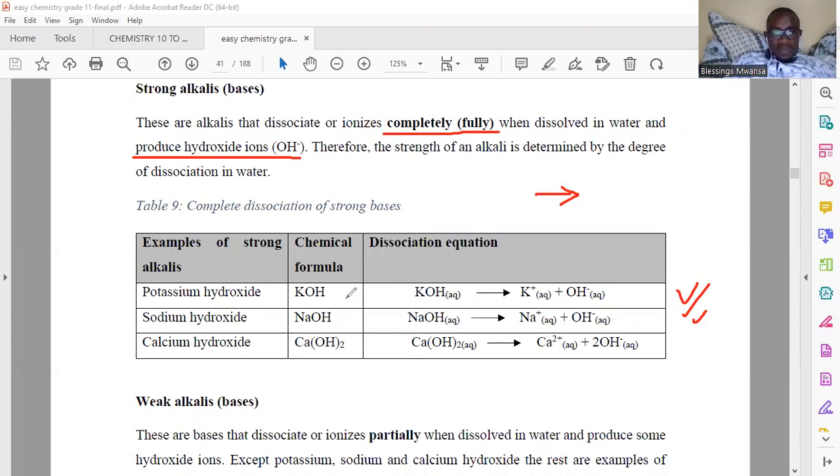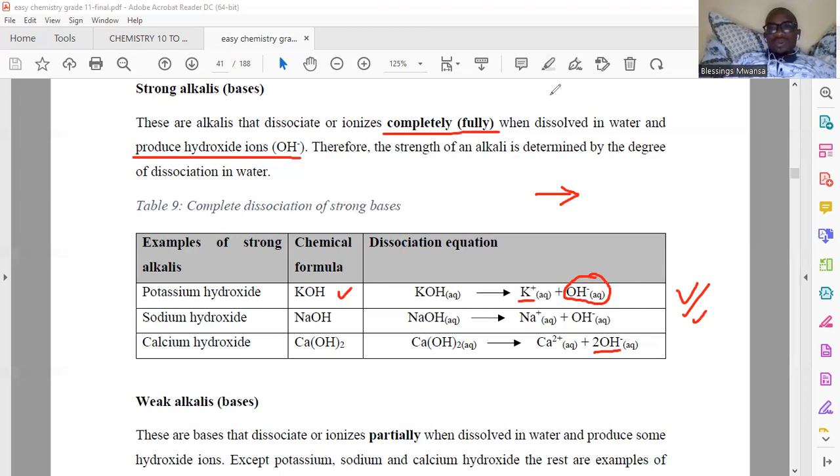When potassium hydroxide, which is a strong soluble base, undergoes dissociation, we'll get the K positive, and it should always give us hydroxide. Remember, you have to balance the atoms and you balance the charges. Calcium hydroxide will give calcium ions and hydroxide ions.